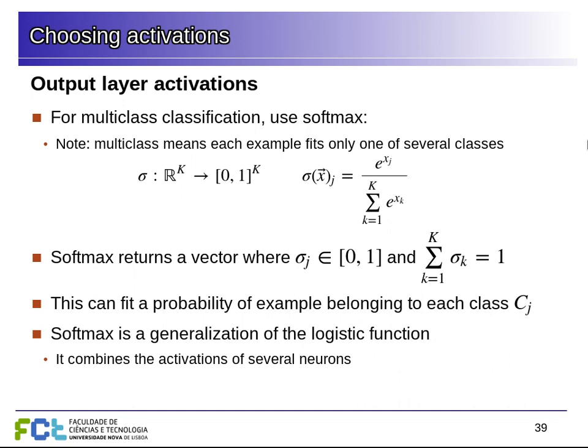So these are 3 or 4 examples: regression, binary classification, multi-label classification, and multi-class classification, where you have different activation functions at the end of the network, so that you can interpret the results according to what you need for your problem.